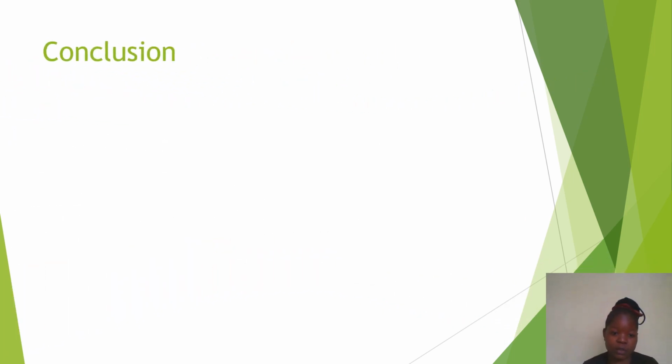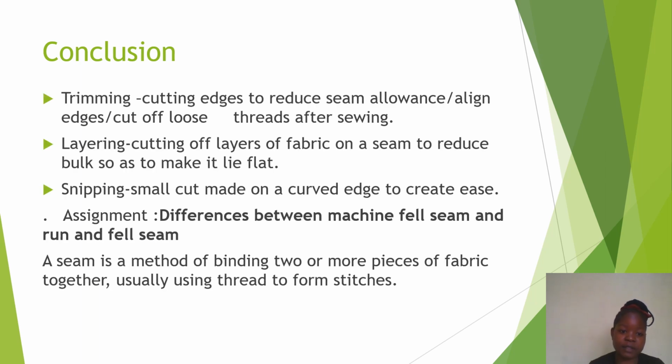Then conclusion, we have terms which are usually used in seams, and one is trimming. This is cutting edges to reduce seam allowance, or cutting off loose threads after sewing. And when you cut loose threads, you reduce bulkiness on a seam.